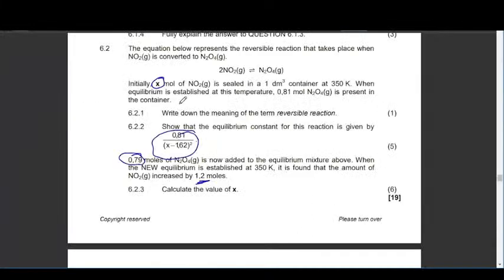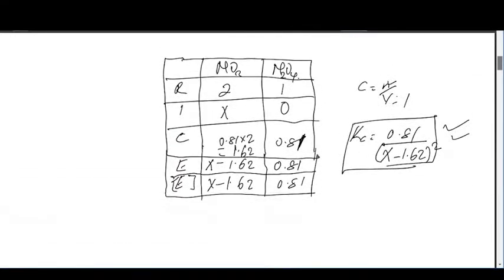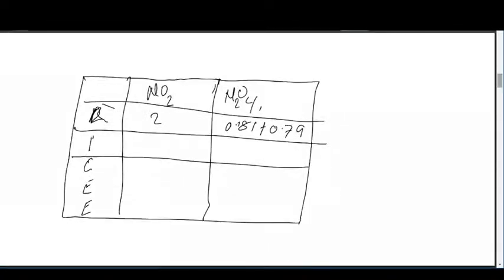What are they saying? Then they say that when equilibrium is established, it was found out that... So what about the other side? Before I go there, this one didn't change, so it will remain x minus 1.62. So I come here and write it there.